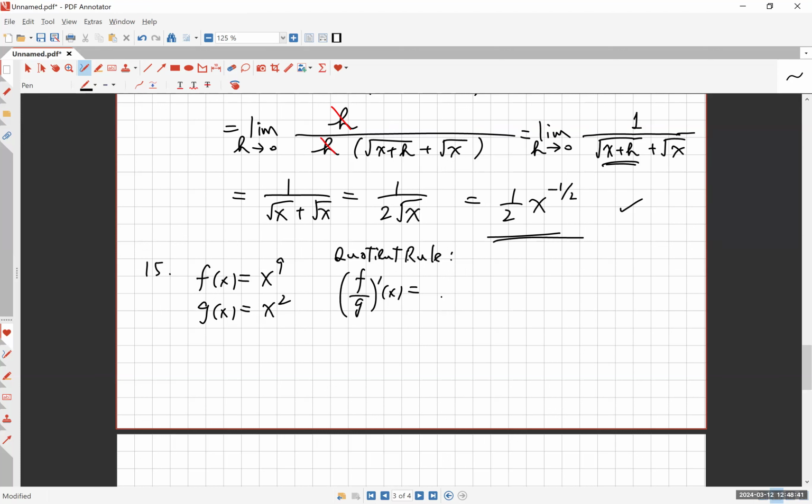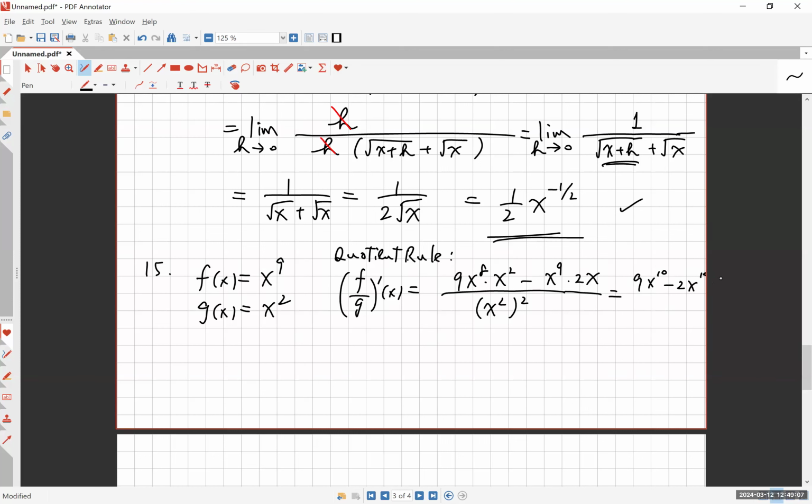Okay, so the denominator will be g squared, that's x squared squared. The numerator will be 9x to the 8th, that's f prime, times x squared, minus x to the 9th times the derivative of g, which is 2x. All right, so this will be 9x to the 10th minus 2x to the 10th.